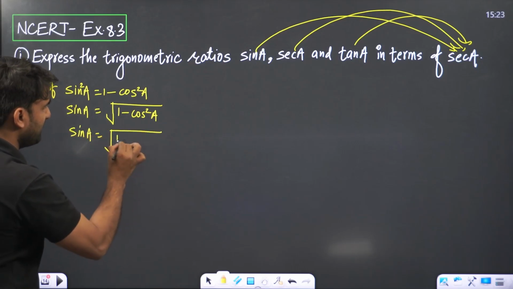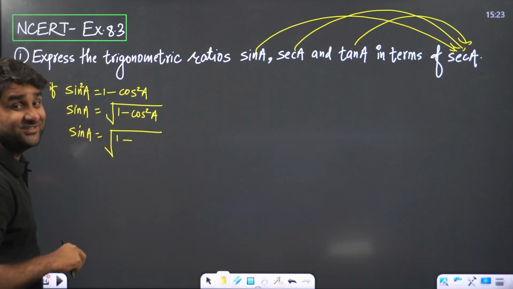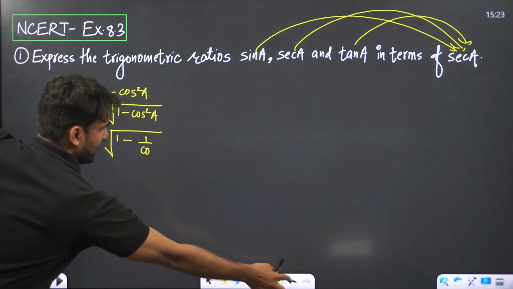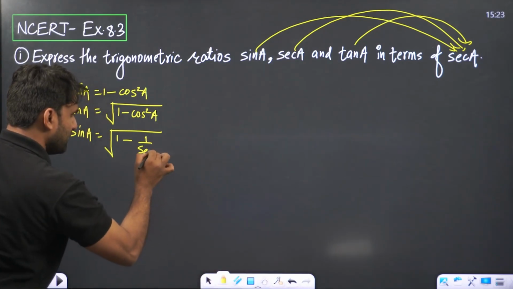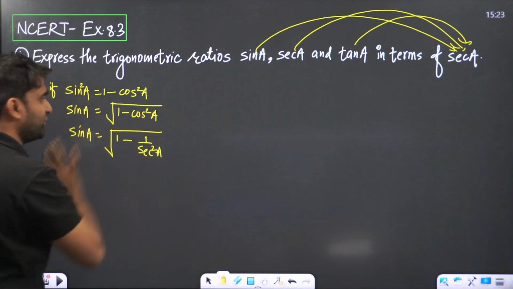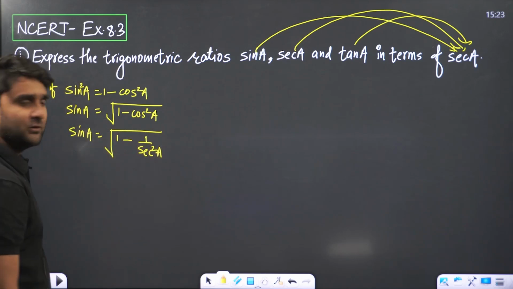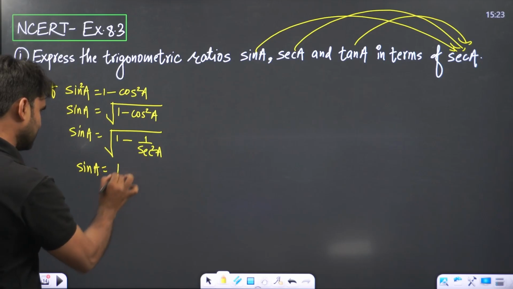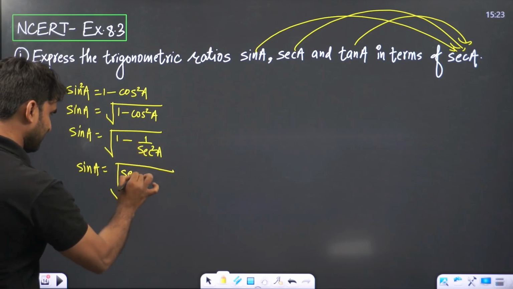Now this is 1 minus cos square A. Cos is the reciprocal of sec, so we can write 1 by sec, and cos was in square, so this reciprocal will also go in square. So sin A, now we can take LCM. So sec square A will go there.